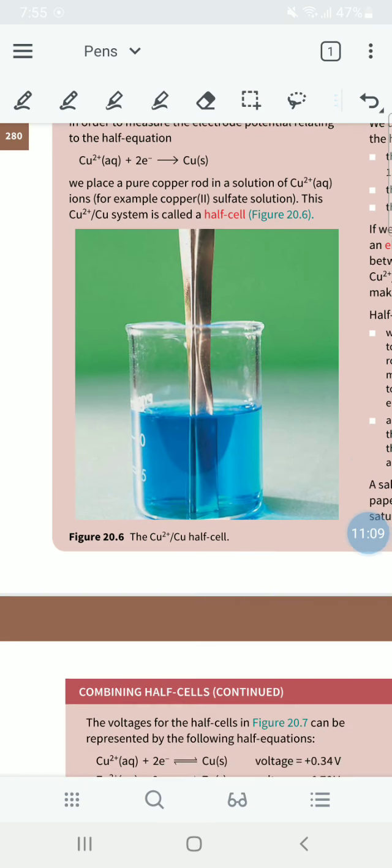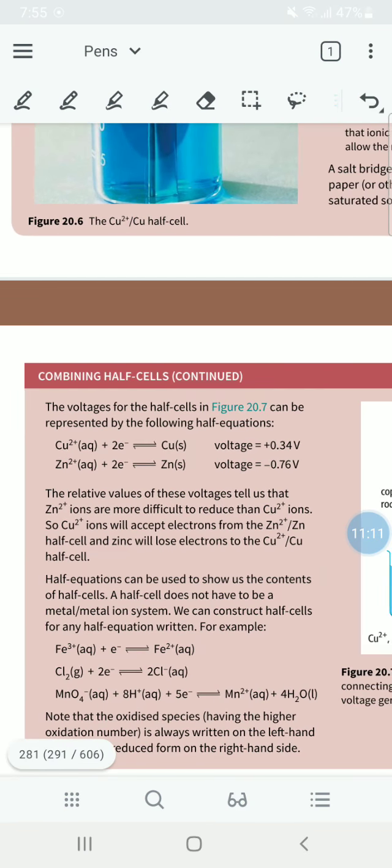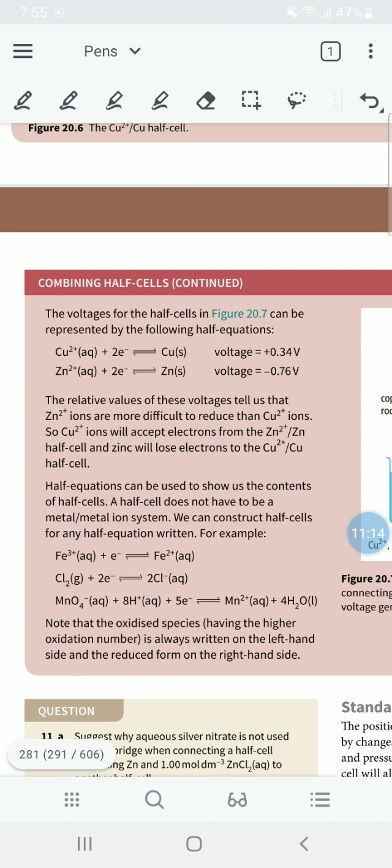Right. So you know how the half cells are connected now. So we can figure out the voltages in here now. The half equations are going to be Cu2+ aqueous plus 2 electrons giving copper, and then zinc ions take electrons to give zinc. So the voltages are plus 0.34 volts and negative 0.76.